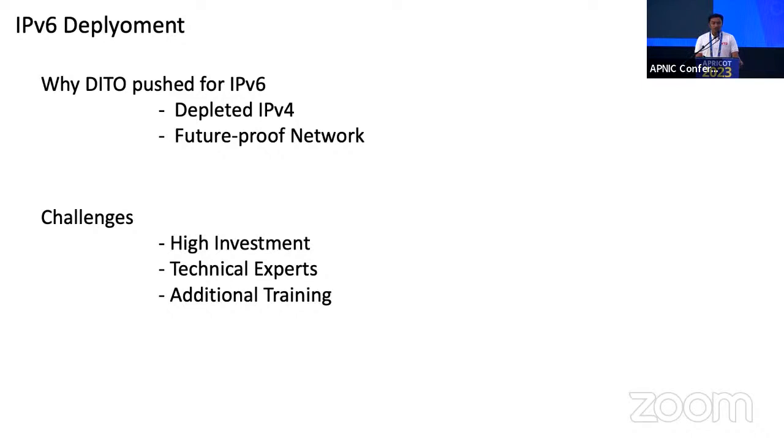So we need technical experts. And after the implementation, there's another challenge, additional trainings for our operations team. This is to ensure that they are able to support what we have in our network.